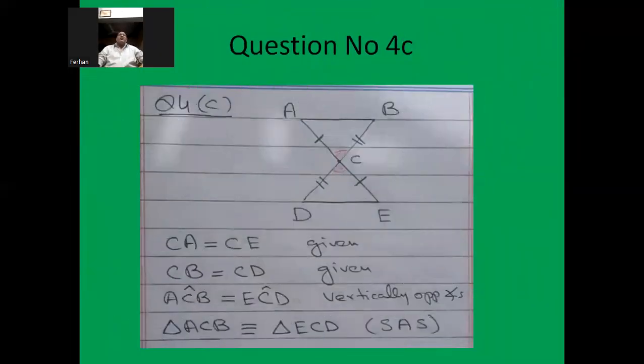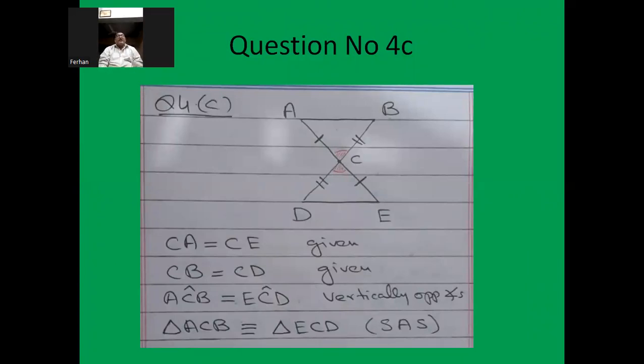So let me show you. According to the given figure, the CA side is equal to the CE side. It is given. The CB side and the CD side are also equal to each other. It is given. The angle ACB is equal to the angle ECD, and they are vertically opposite angles.